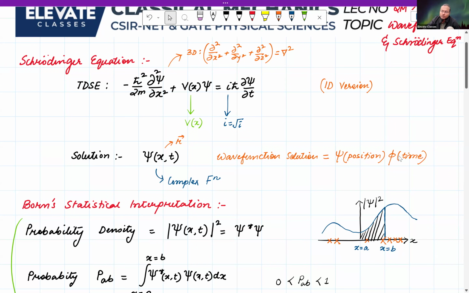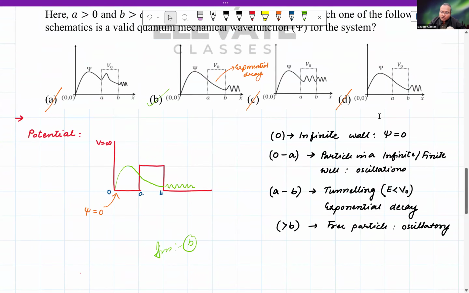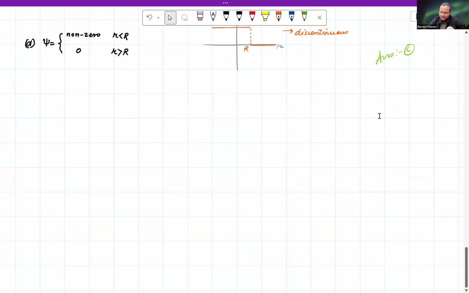We can also find out the most probable position of the particle, and furthermore, by doing certain calculations using the Schrodinger equation, we can also find out the average momentum of the particle. Okay, because the particle also has some velocity associated with it, so it has some momentum. So that falls under what is called expectation values. Right. Now this is purely a mathematical framework.